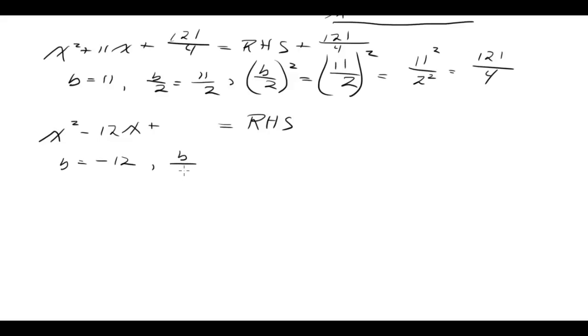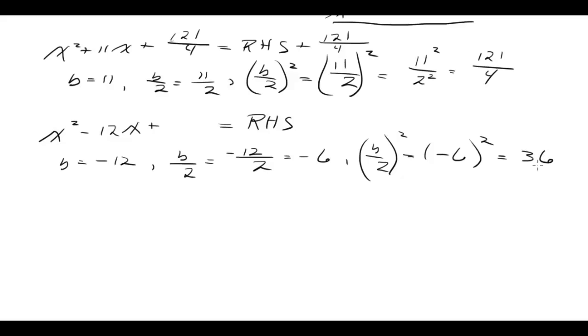Well, it's a negative number, but I can deal with negative numbers. b over 2 is now going to be minus 12 over 2, which is minus 6. b over 2 squared is going to equal minus 6 squared, which is 36. So I put a 36 here, and I have to add 36 to the right-hand side just to keep the equation balanced. Remember, the book that Qarathimi wrote was Completion and Balancing.